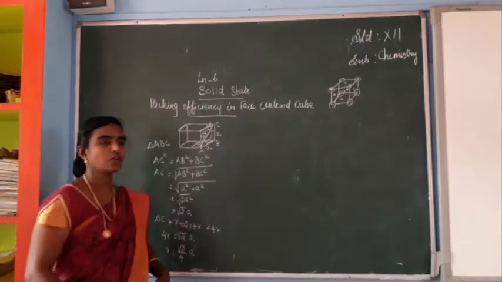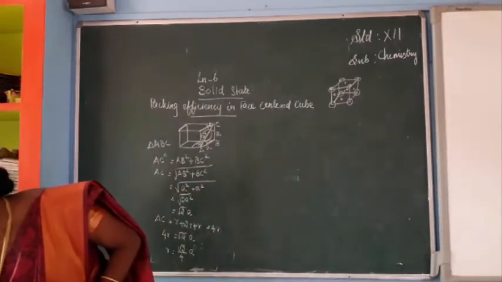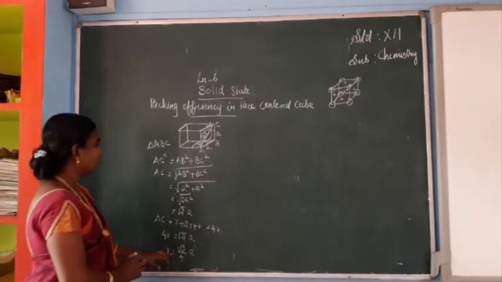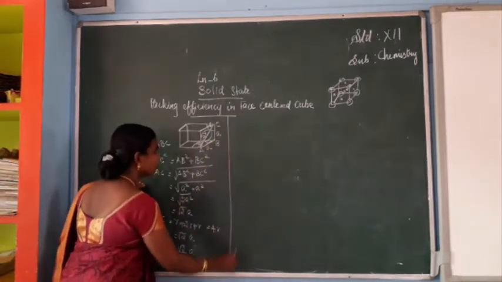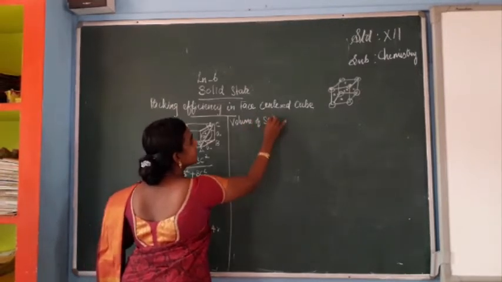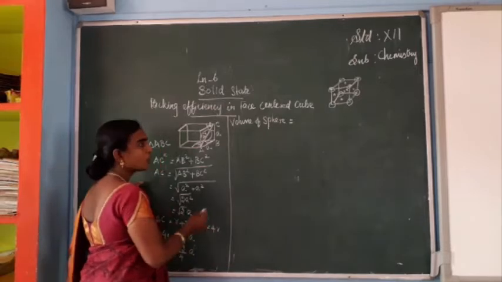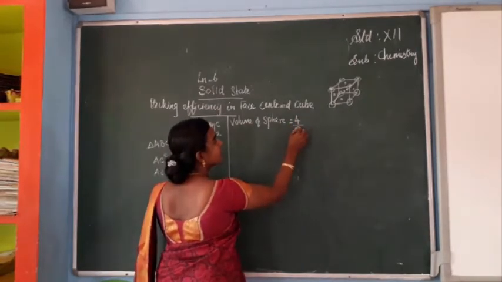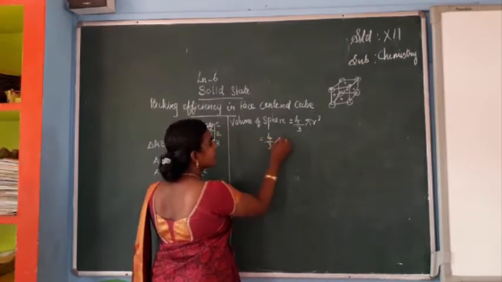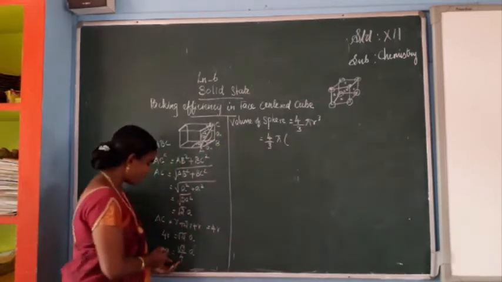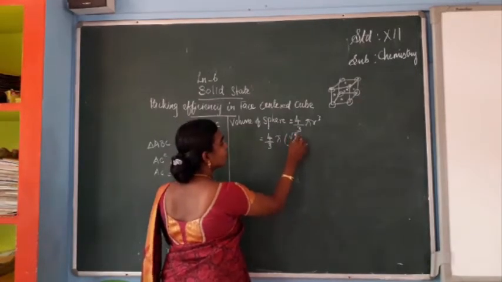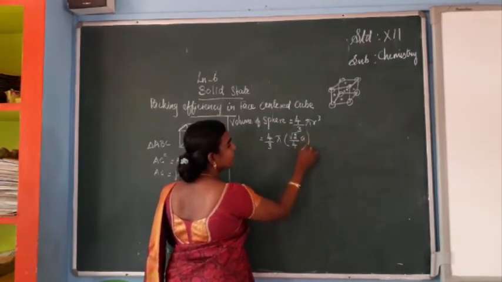Next what we have to calculate? We have to calculate the volume of a sphere. Volume of one sphere is equal to the formula 4 by 3 pi r cube, which is equal to 4 by 3 pi into r value, root 2 by 4 a, the whole cube.